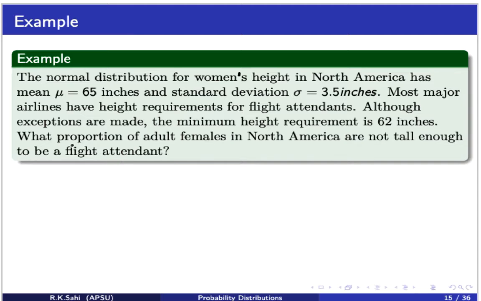So proportion, remember, is related to probabilities. When you see the word probability, proportion, or percentages, you're talking of probabilities here. So let's read down and see what is given to us, and then we go ahead and solve the problem. The first sentence says the normal distribution of women's height has a mean of 65 and a standard deviation.